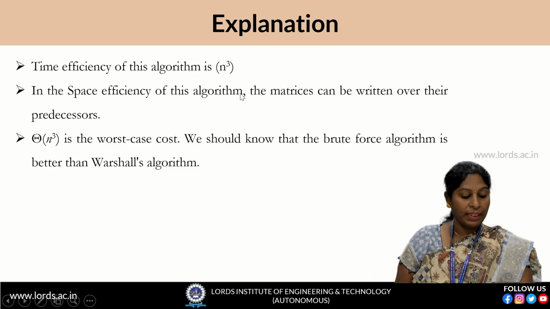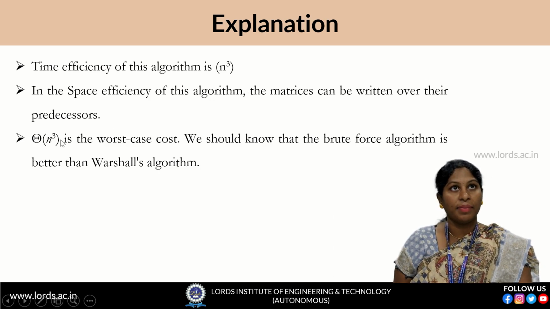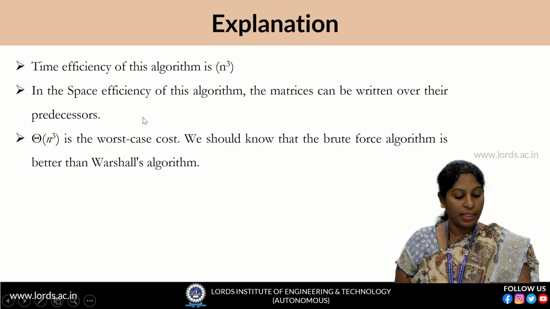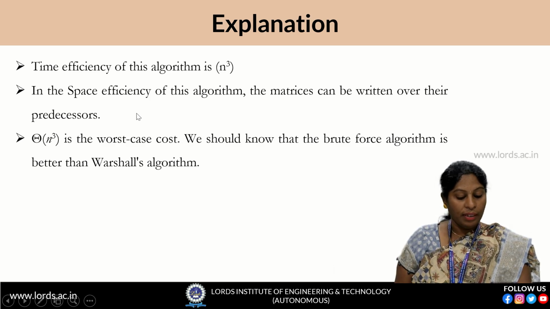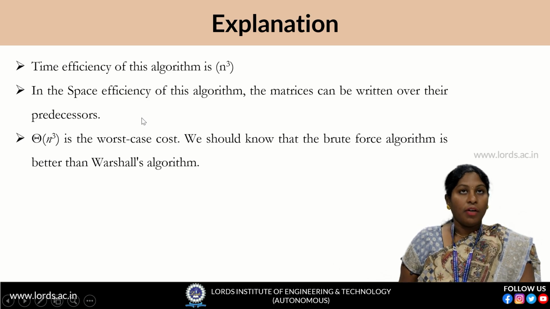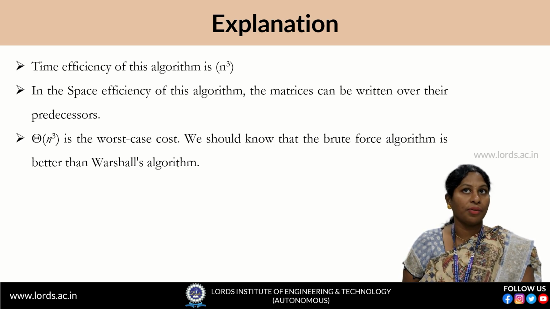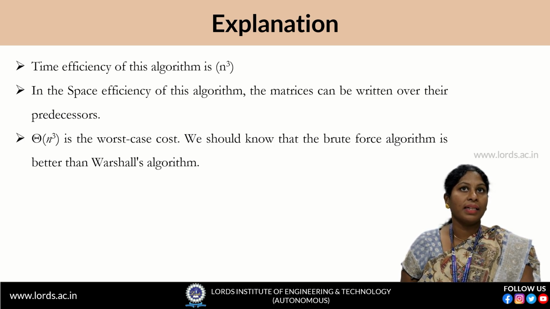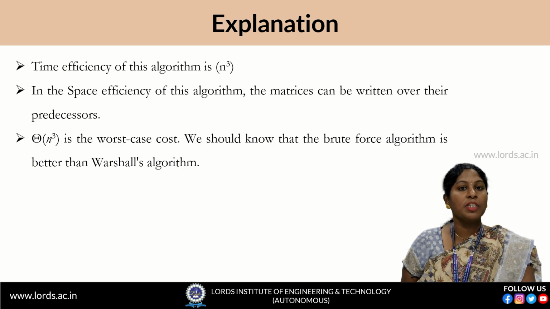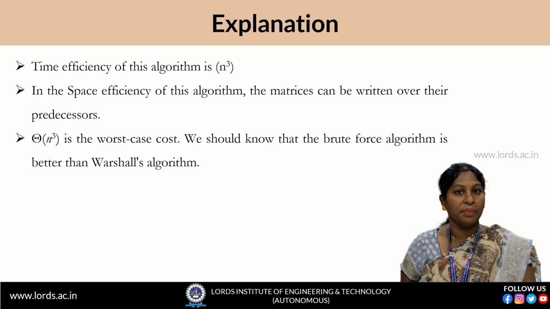The time efficiency of this algorithm is n cube, and the space efficiency is also n cube. Theta of n cube is the worst-case time complexity, in theta notation for asymptotic notation. So we can say the brute force algorithm is better than Warshall's algorithm.